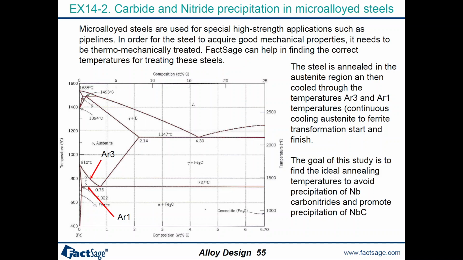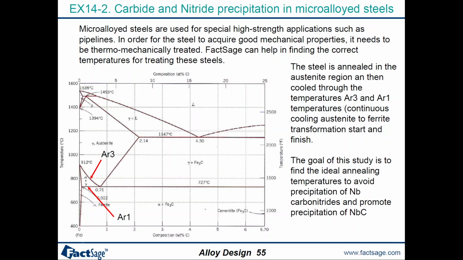Next, we will demonstrate how carbide and nitride precipitation occurs in microalloyed steels. Microalloyed steels are special grade of steels which are used for high strength applications such as pipelines.